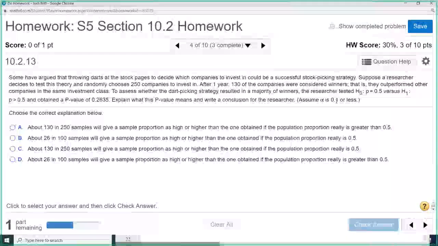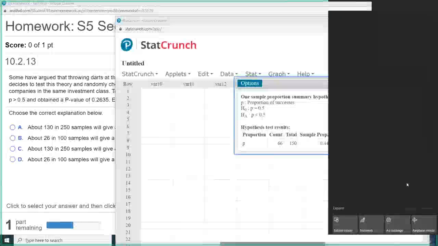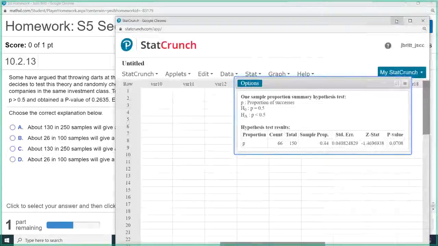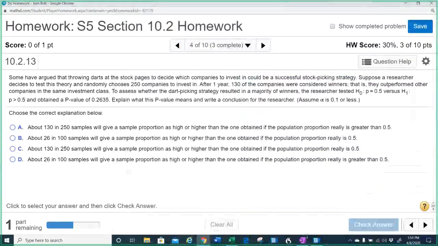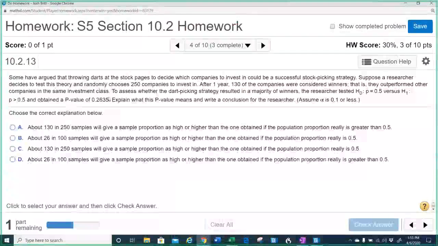Now, to explain what a p-value is, if you wanted to print off your notes over here, I've got this definition which I usually talk through with my students. Basically the p-value is the probability of obtaining a sample statistic as extreme or more extreme than the one obtained under the assumption the null hypothesis is true. So that probability would be about 26 samples out of 100. We would expect to get the proportion larger than half.